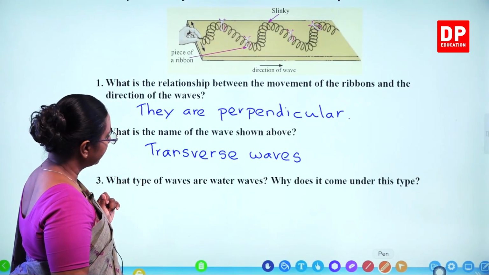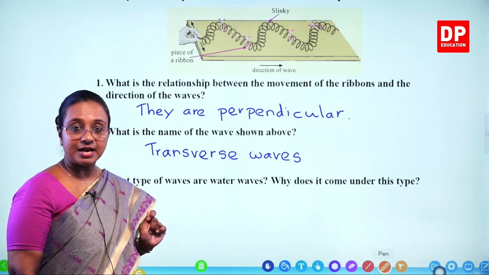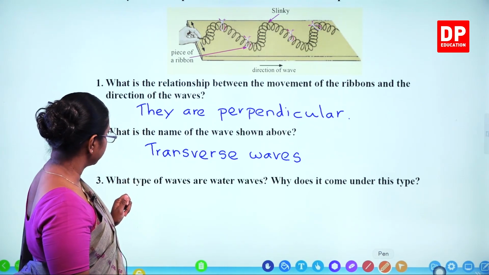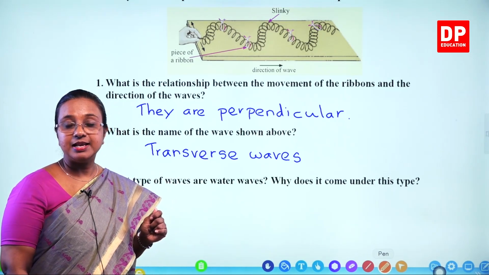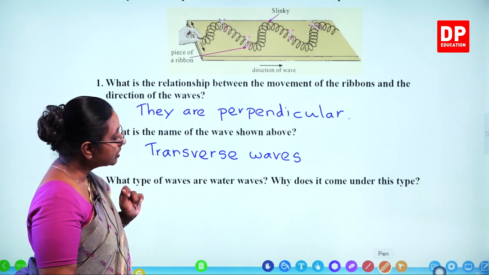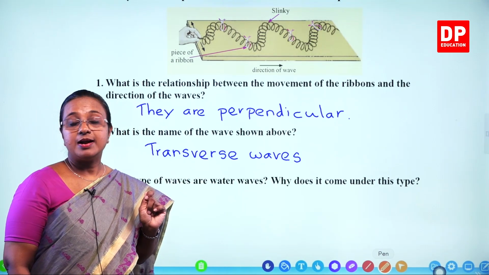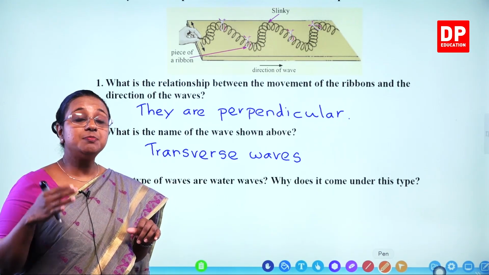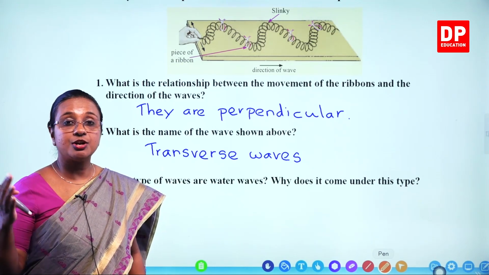What type of waves are water waves? Why does it come under this type? What type of waves? They are also transverse waves, or we can say they are mechanical waves. Why are they transverse waves? Because the direction of particle movement, that is how the water particles move, is perpendicular to the wave motion or the direction of the wave.